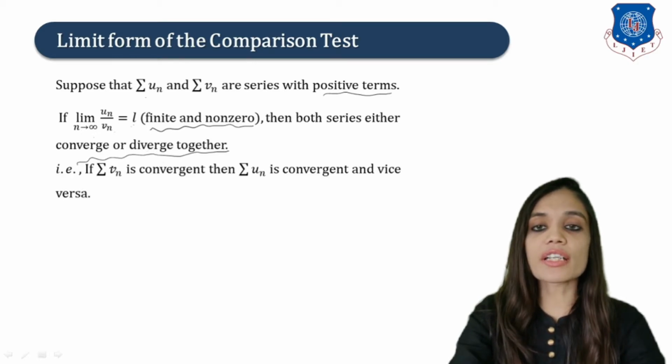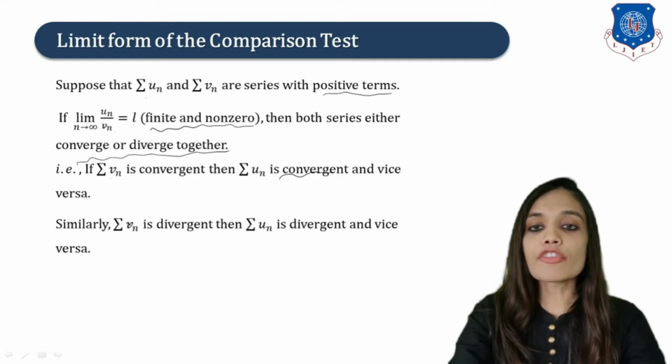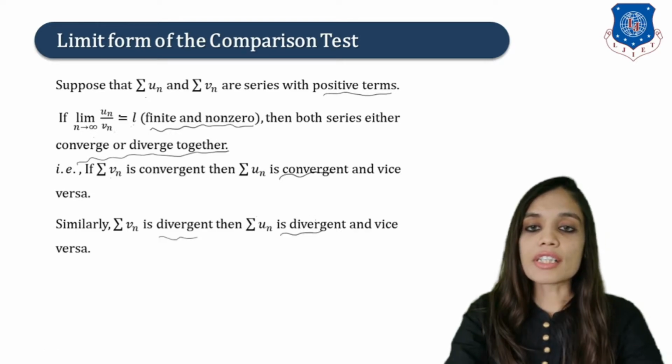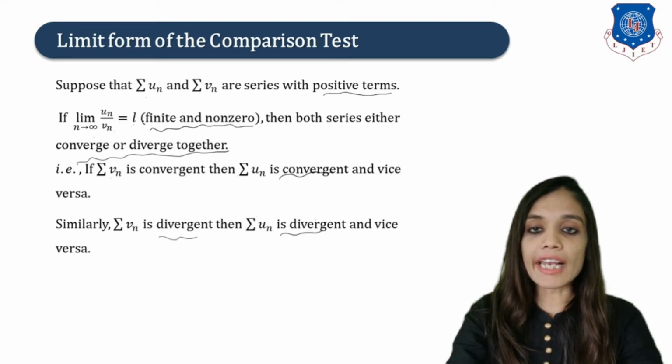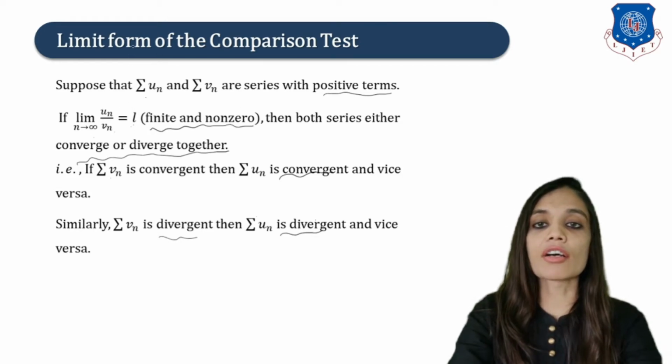In other words, if Vn is convergent, then Un will also be convergent, and if Vn is divergent, then Un is also divergent. Firstly, we will find the limit L, and it should be finite and non-zero.